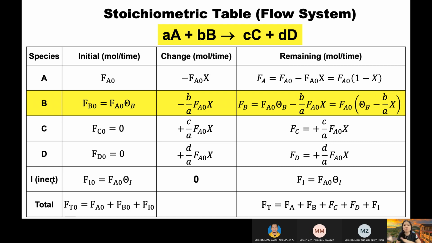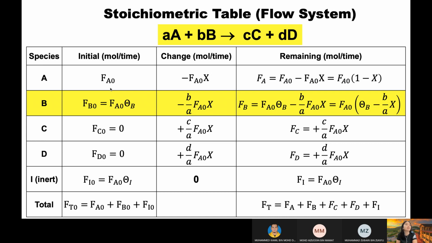You know that if the system is continuous, flow in, flow out, every calculation is with respect to time. That's why instead of mole, it becomes mole per time, molar flow rate. So we calculate mass in terms of molar flow rate. That's why you see F. F signifies molar flow rate. The whole table is in terms of F. So why F? Because we calculate in terms of molar flow rate.